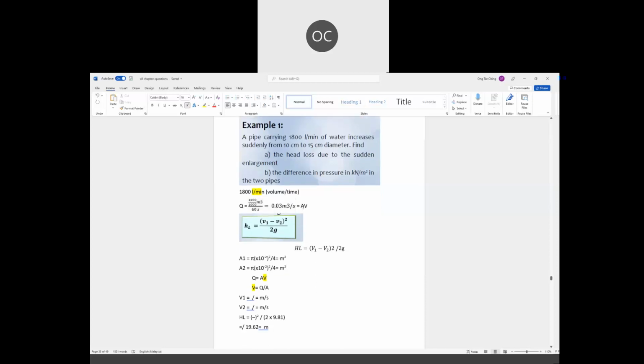Using Q, you already know the value of Q, right? So with Q equals AV, V equals Q over A. Please try to get the areas A1 and A2 first.